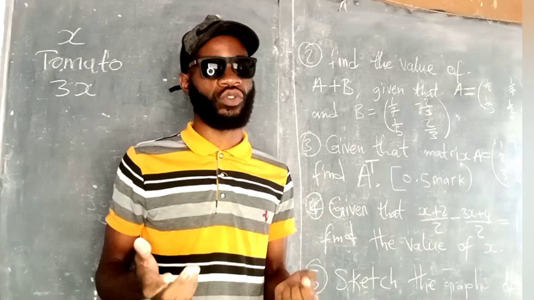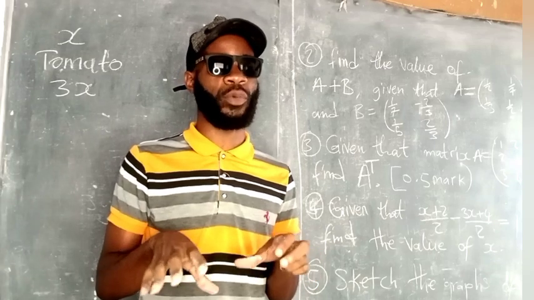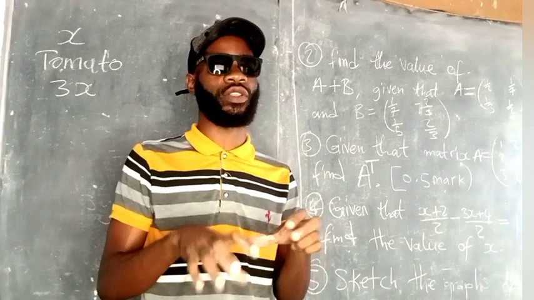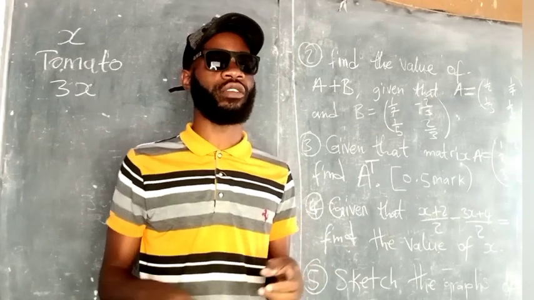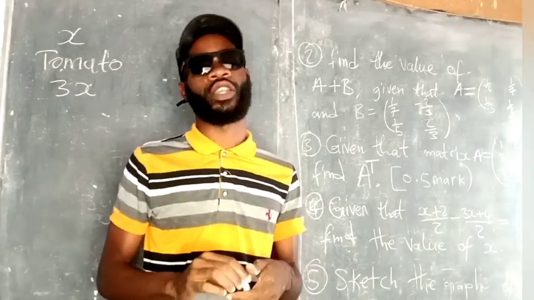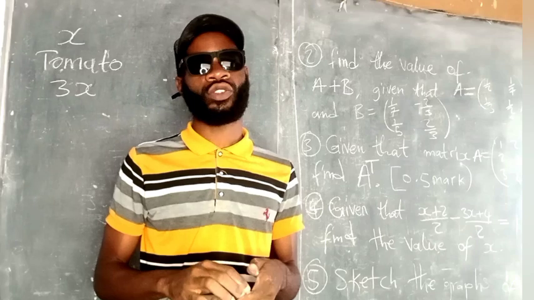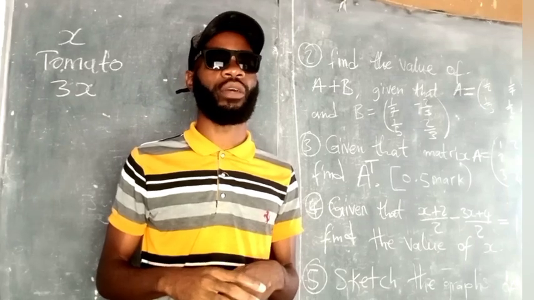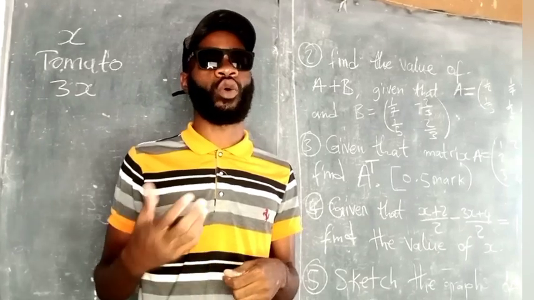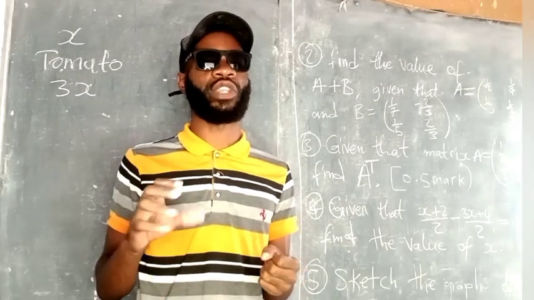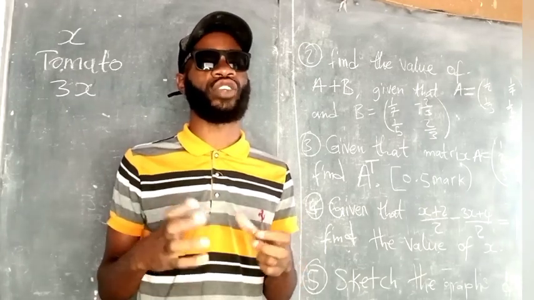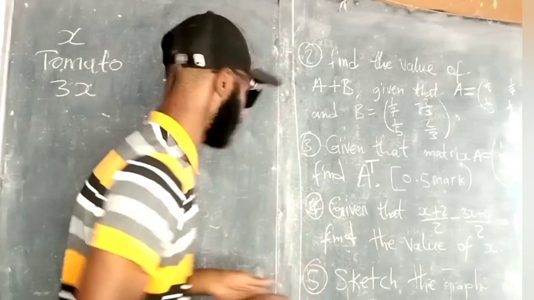So before you start doing your business, it is important that you separate those things first. You get all the tomatoes, you put them in one basket, then you get all the onions, you put them in one basket. So this in mathematics we call collecting like terms. So let us try to write down a mathematical basket, then we try to collect the like terms.